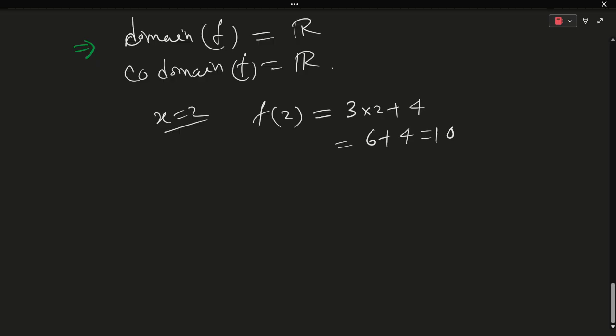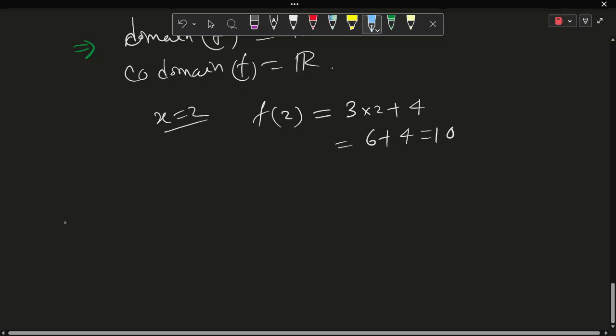So at first we told, function basically, this is a function, right? And what is range? Another example.